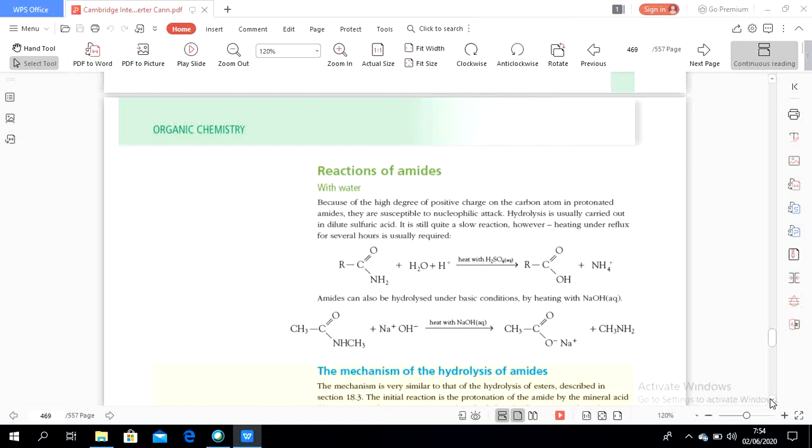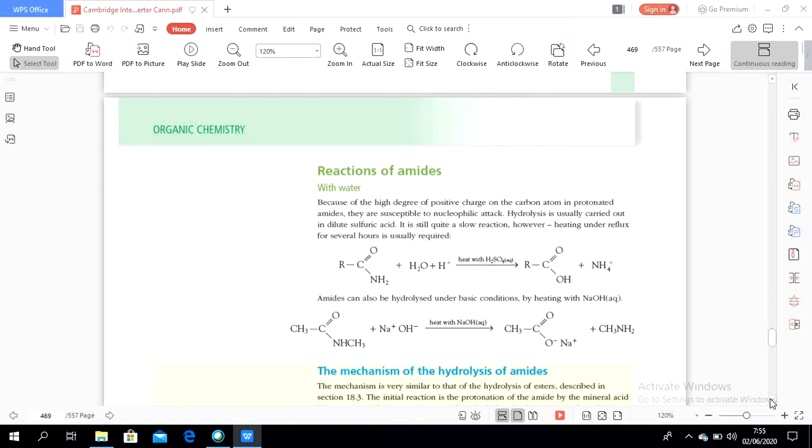With acid it will produce carboxylic acid and a salt. Amides with aqueous sodium hydroxide will produce a salt of carboxylic acid plus amines.